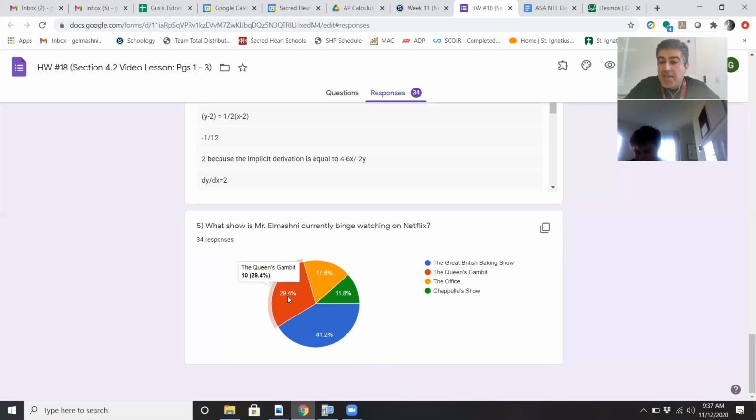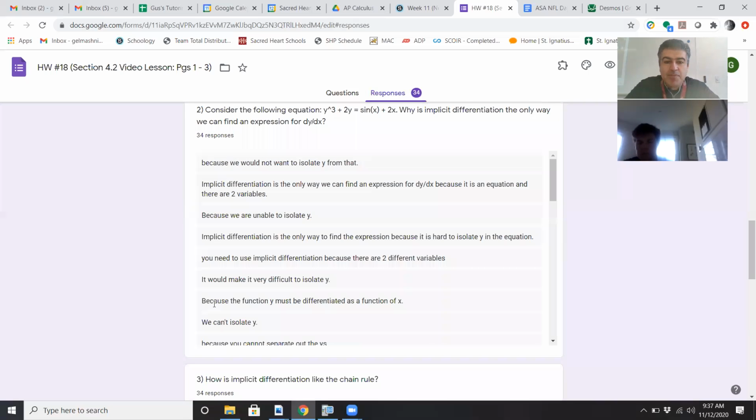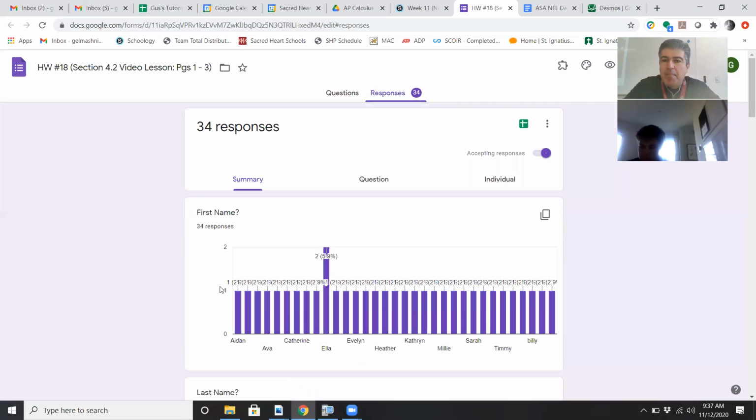But yeah, it's Queen's Gambit. That's a really great show. Done really, really well. Great character development. I'd say it's probably up there in my top 5 Netflix shows of all time. One of my other favorite shows is Ozark. If you guys want to watch Ozark, that's a great show too. Very violent, but done extremely well.